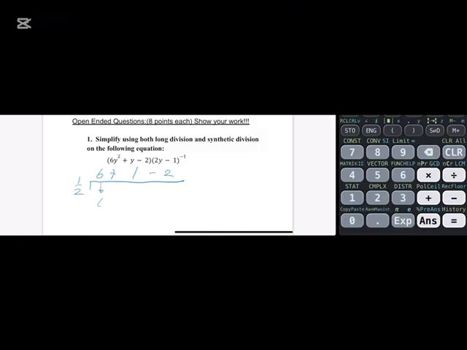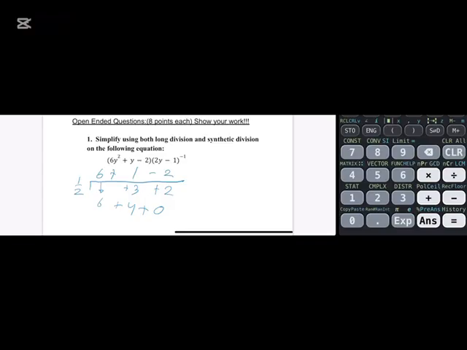Bring the 6 down, times half, plus 3 to the 1, which is 4, 4 times half equals 2, so plus 2, which cancels out the negative 2, which is plus 0.